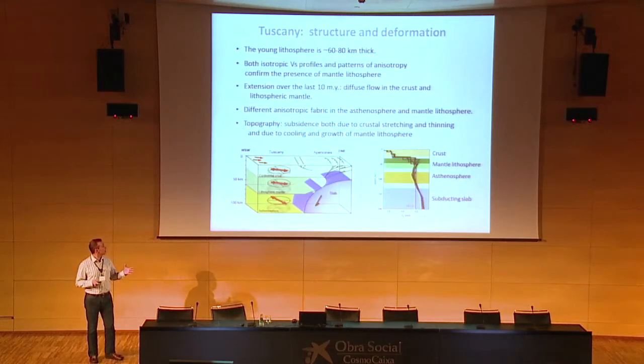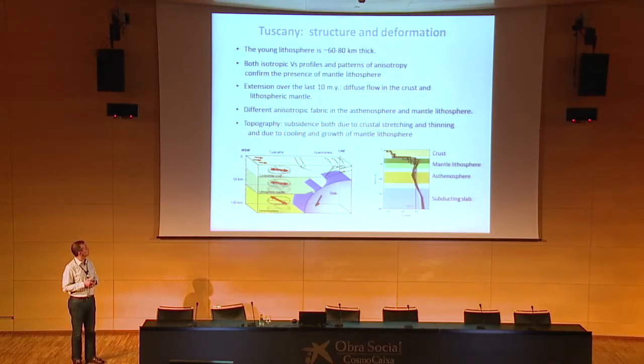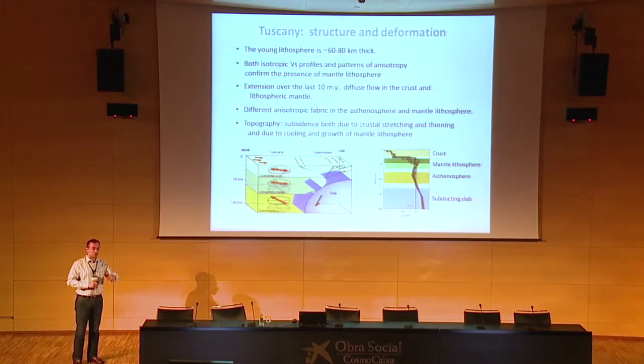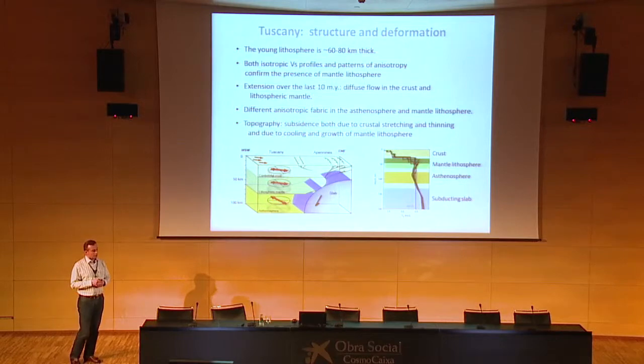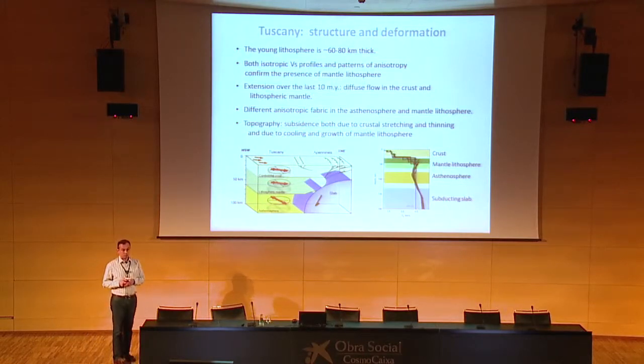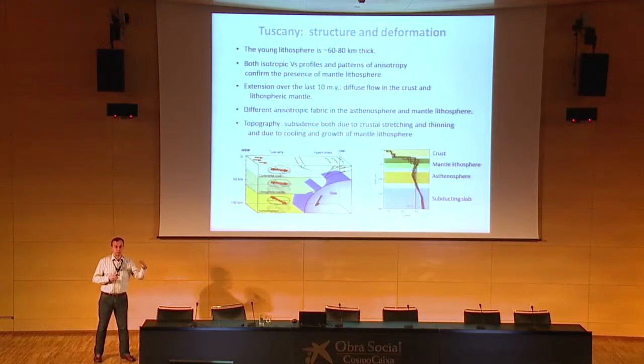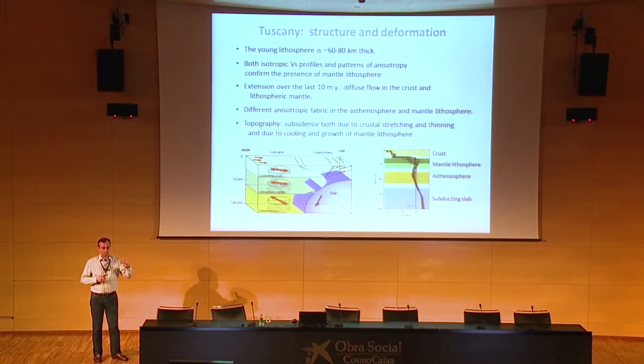So these two lines of evidence both show us that there is likely to be a mantle lithosphere that is very young, possibly some of the youngest in Europe. We know that the crustal blocks lost their mantle lithosphere very recently, but the mantle lithosphere grew in the last 10 million years or so. In fact, thermomechanical models show us that it's very difficult to prevent lithosphere from growing rather quickly.